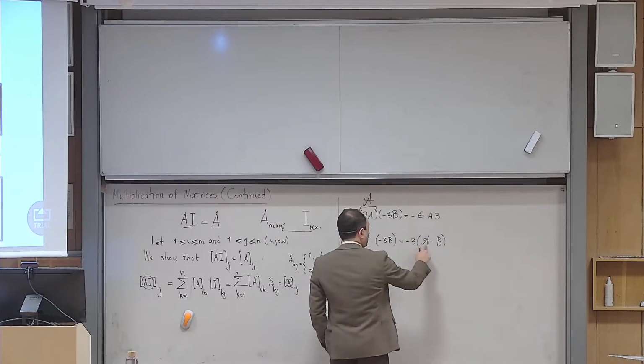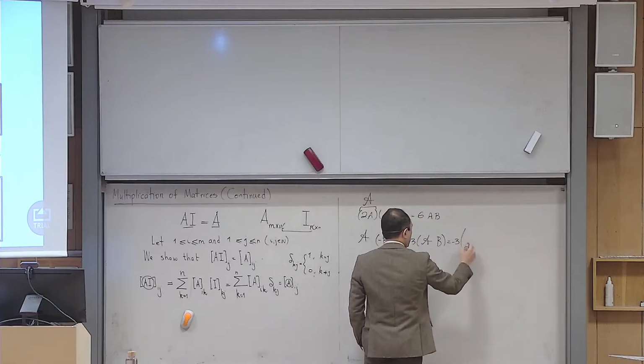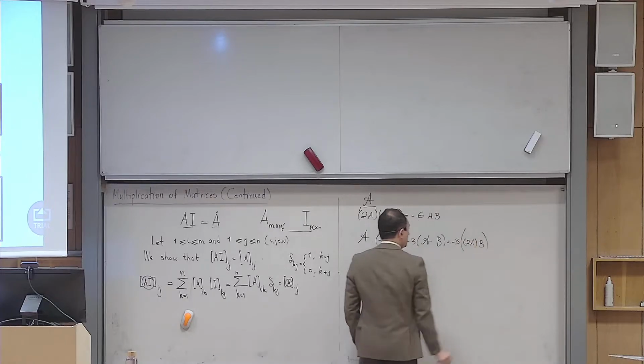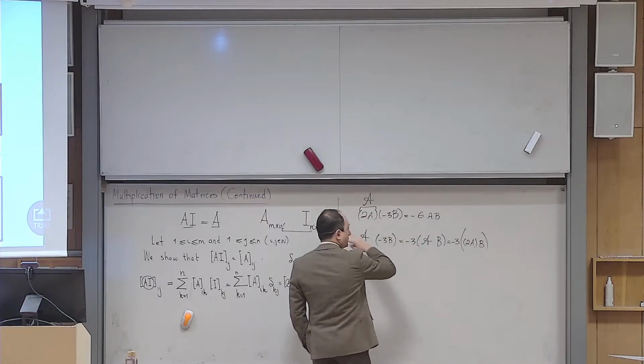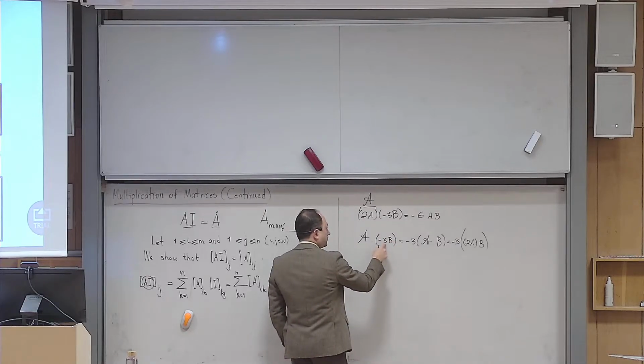And now what is the name of A? A is this matrix. So this becomes minus 3, and then it becomes 2A, and then B. So you see, I have used that property in the theorem once, by floating this minus 3 from here, moving it outside.